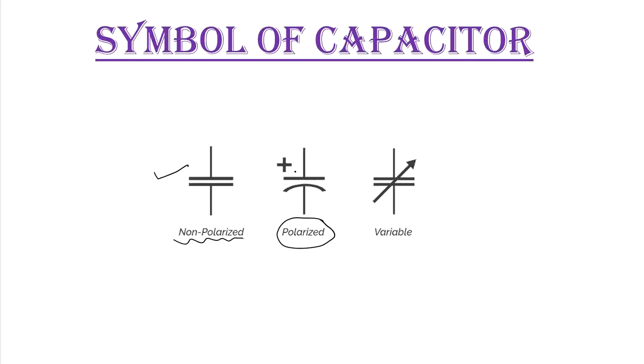The straight line indicates the positive plate and the curved line indicates the negative plate of the capacitor. For variable capacitor, it can be symbolized by this symbol, whereas this arrow indicates that the value of the capacitor is not fixed, but it varies from a minimum to a maximum value.